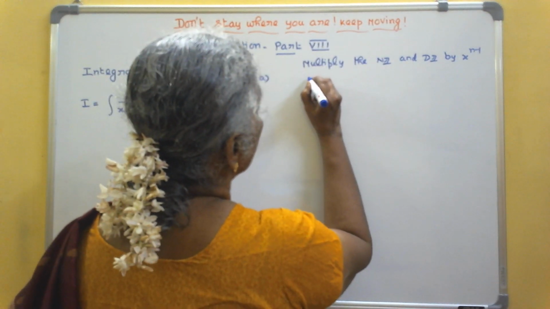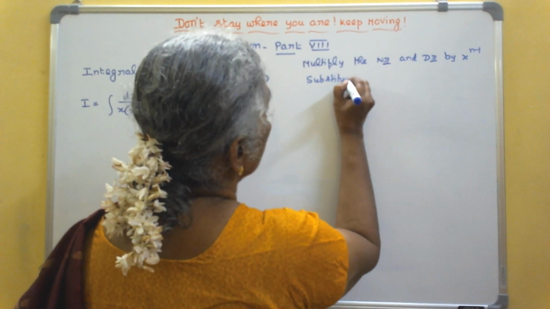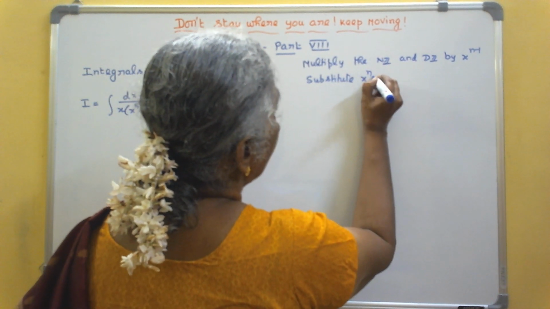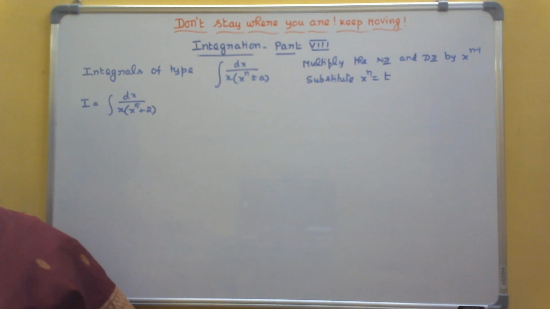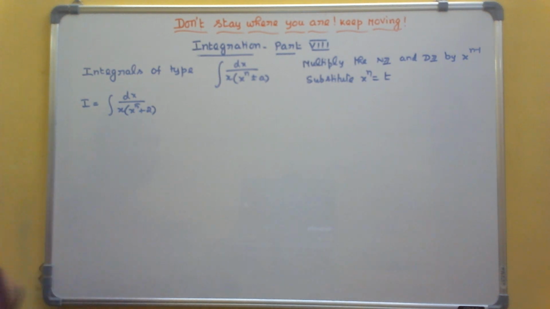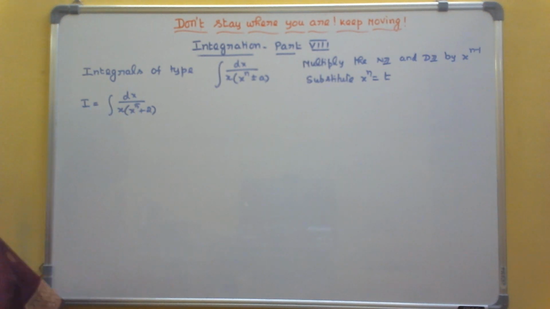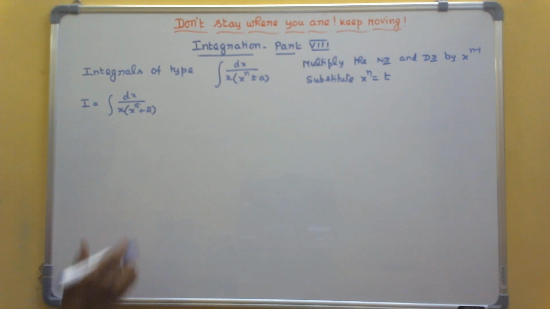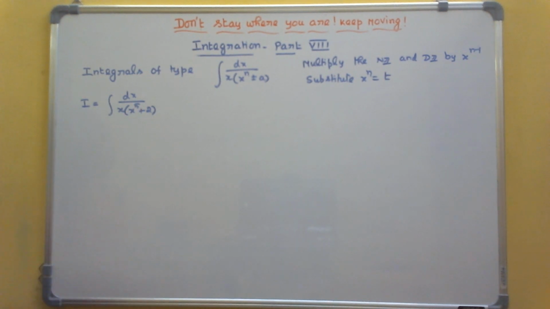Second step, substitute x power n is equal to t. If you remember these two, you will be able to do sums of this type. Now let us see one example. I is equal to integral dx by x into x power 5 plus 2. Here in the place of n you have 5, in the place of a you have 2.